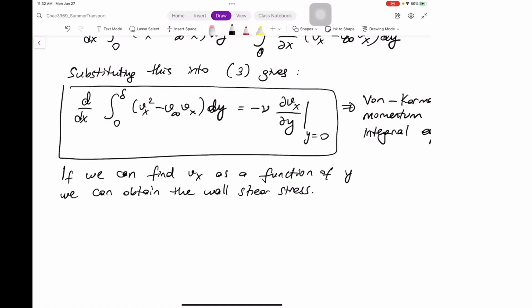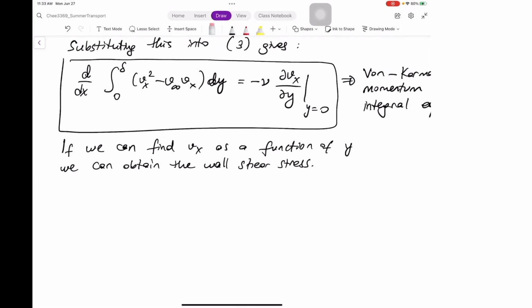So basically, either way, if you know the functional form, or if you test a velocity profile, you can actually see if the equation is satisfied. You know that the velocity profile is correct. So this is additional information about our velocity profile. Okay, it's not telling particularly that the wall shear stress can be estimated from the velocity profile.